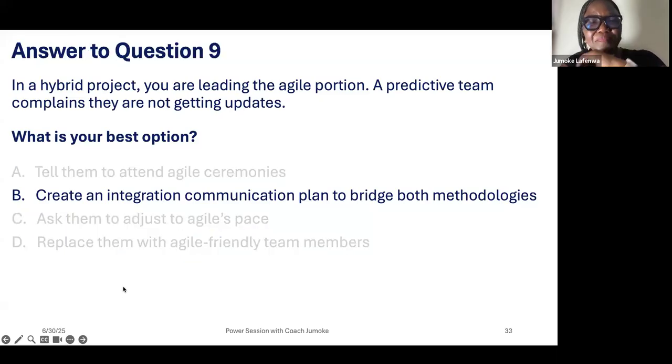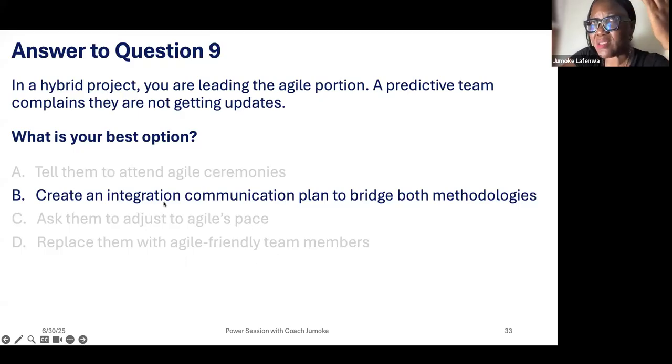B is the answer. Sometimes in a question, there is nothing directly in your study that says like a formula. But if you look at the options, you can't tell the predictive team to attend agile ceremonies, because most of the ceremonies are meant for the development team. You cannot also ask them to adjust to agile space, and you can't replace them with agile-friendly team members.